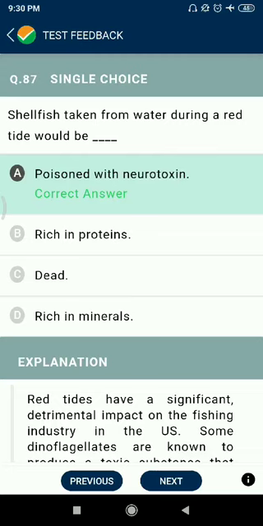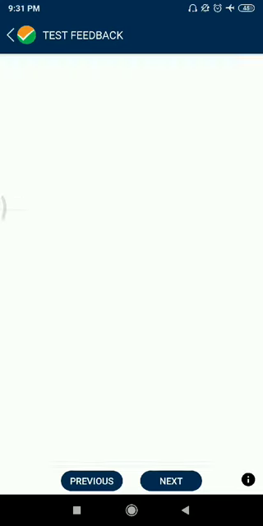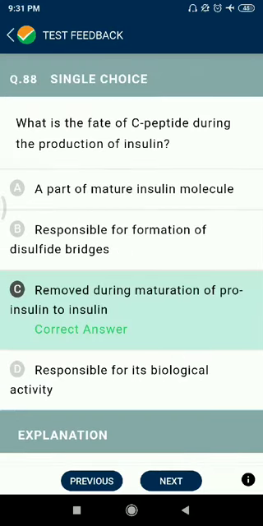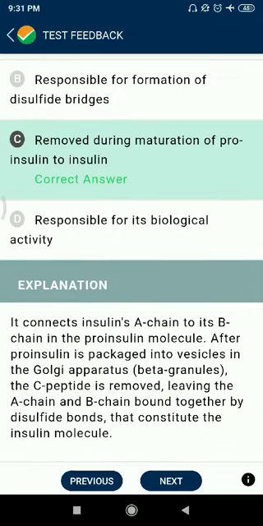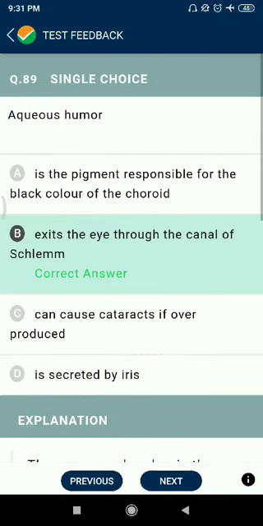Shellfish taken from the water during a red tide would be poisoned with neurotoxin. Question 88. What is the fate of C-peptide during the production of insulin? Removed during maturation of proinsulin into insulin. Question 89. Aqueous humor exits the eye through the canal of Schlemm.